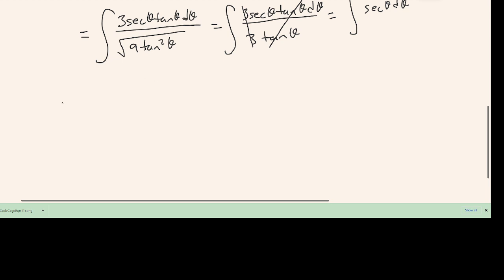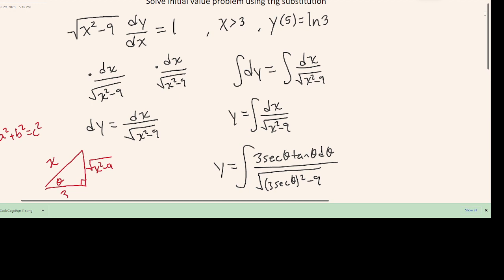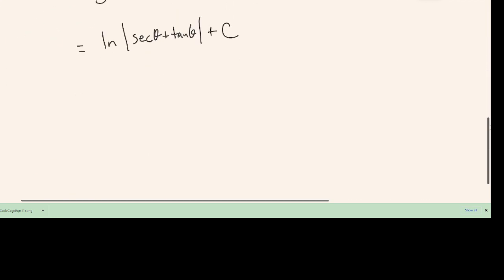which will be equal to the natural log of secant theta plus tangent theta plus c. Now, we're not done yet. We've got to put our function back in terms of x, because we're in terms of theta right now. So this will be equal to the natural log of x divided by 3, because that's what secant is.